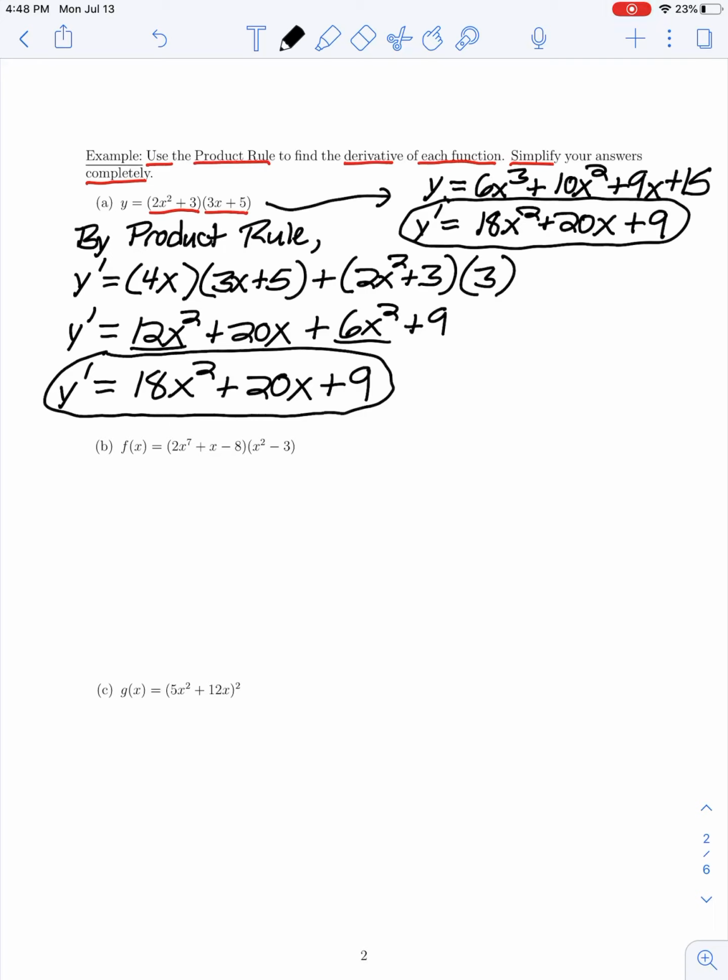In part B, we have f of x is equal to 2x to the 7th plus x minus 8 times x squared minus 3. So the product of two polynomial functions.